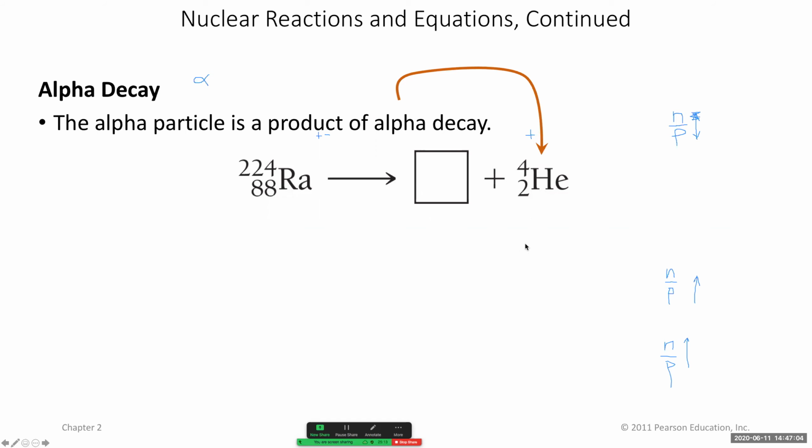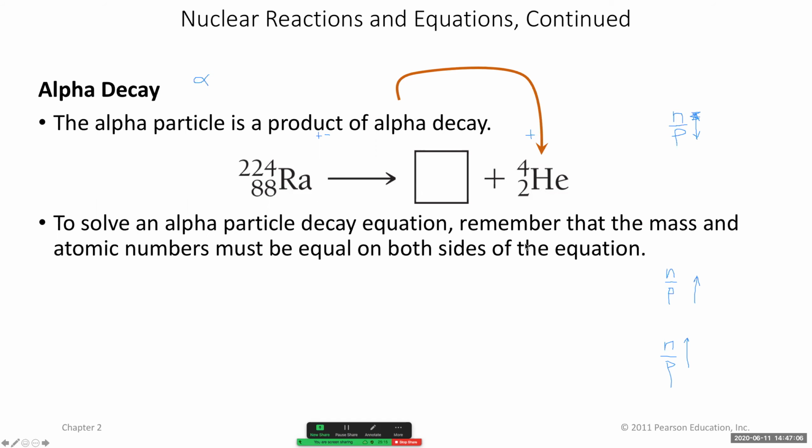Recognize the alpha particle, because the mass numbers have to add up, we have to do a little bit of algebra that says 224 equals x plus 4. So x is going to equal 224 minus 4. It's pretty simple math to balance these. So the number is going to be 220.